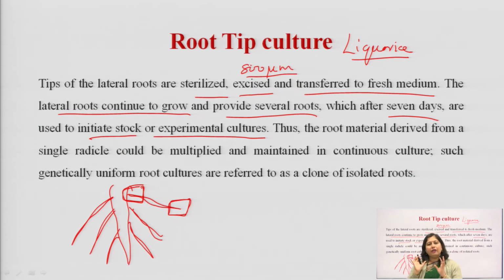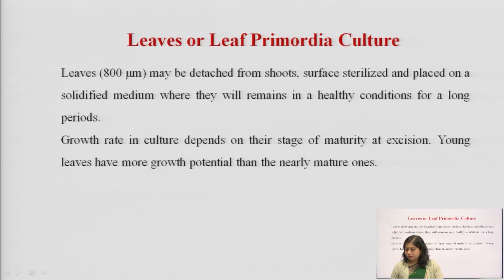So, that our main focus or our whole energy for growth is going towards the roots and not the entire plant. So, this is the benefit of doing the root culture. The root material derived from the single radical could be multiplied and maintained in a continuous culture, and such genetically uniform root cultures are referred to as clone of isolated roots.